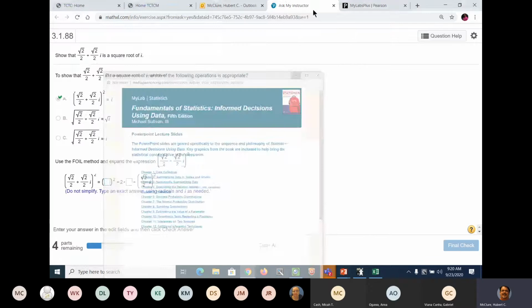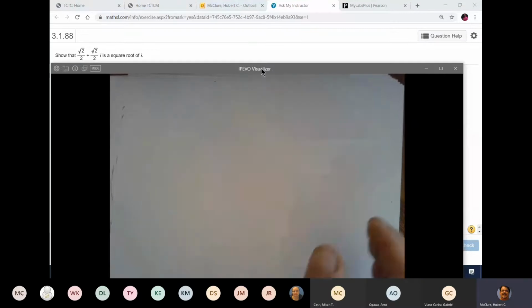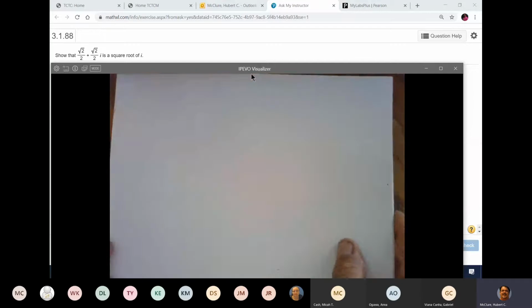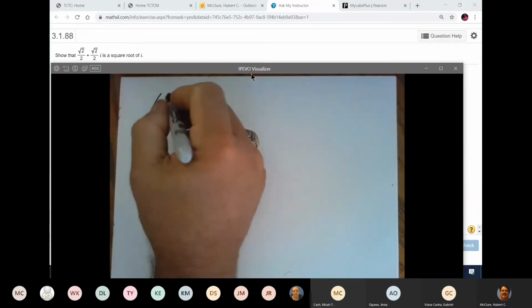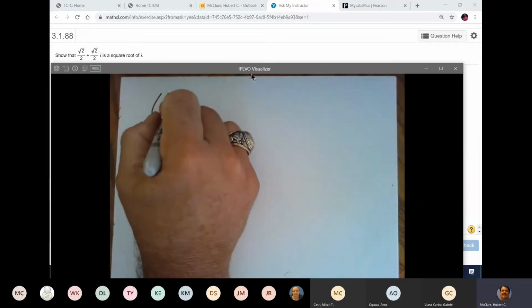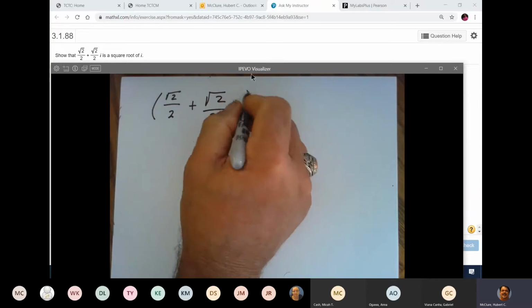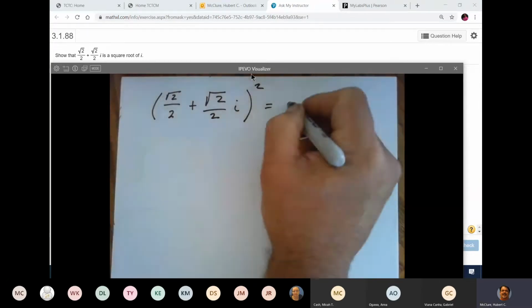Okay. So I'm going to take my handy dandy do-jigger here. And this is not a test question. I would not put this on the test because to me it's out of place. And I'm going to square root of 2 over 2 plus the square root of 2 plus 2, over i, quantity squared is equal to i.